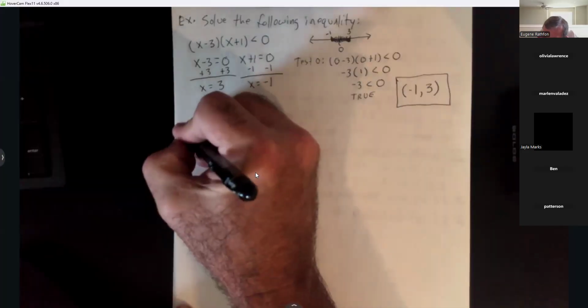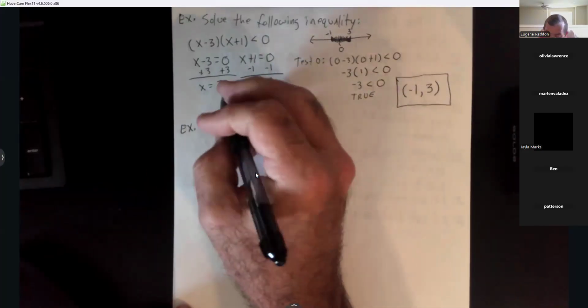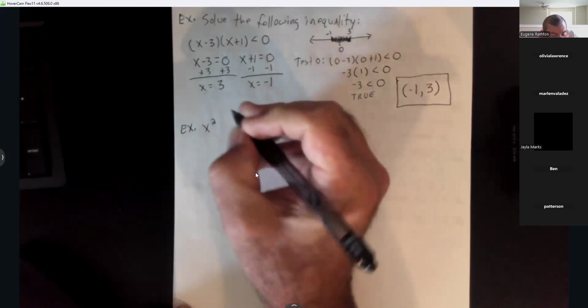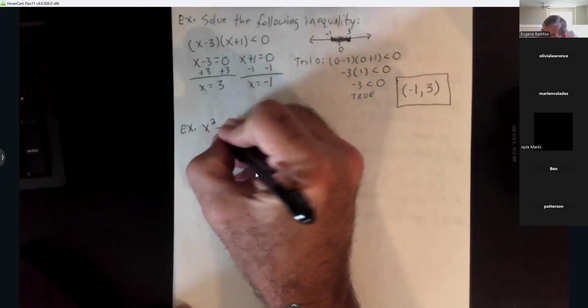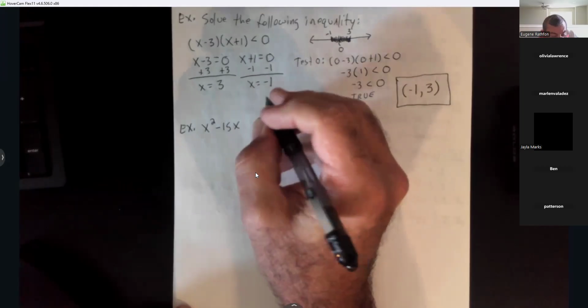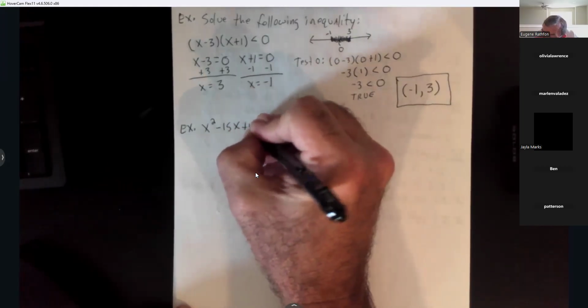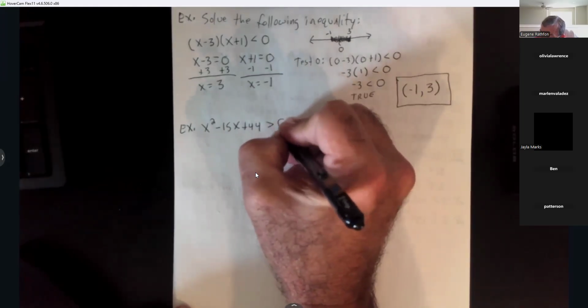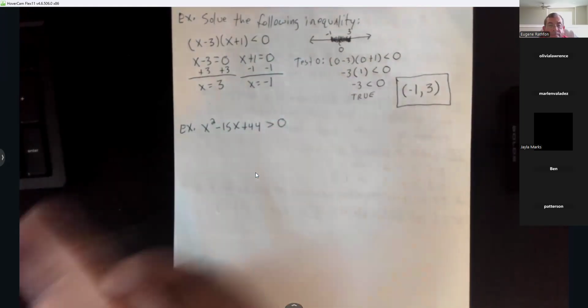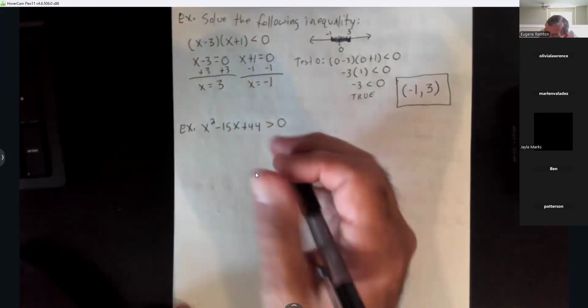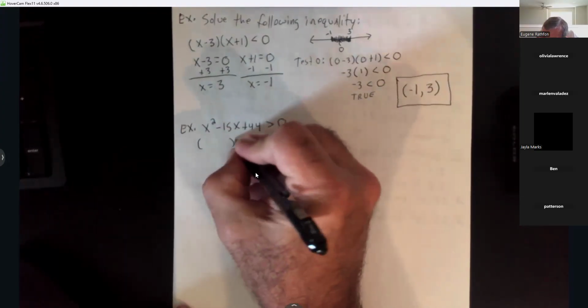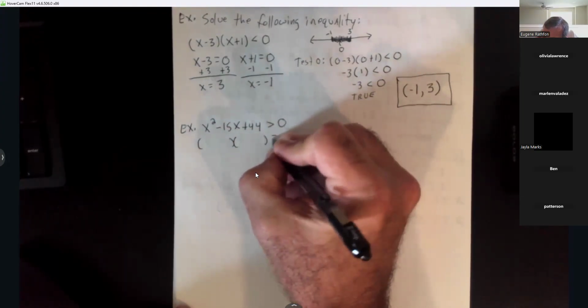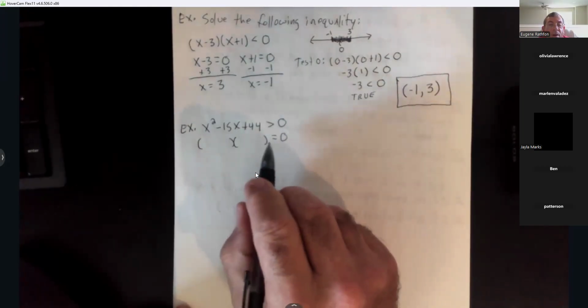All right, y'all, next one. x squared minus 15x plus 44 has to be greater than 0. So this one we're going to factor. And when I'm solving it, I'm just going to set it equal to 0.